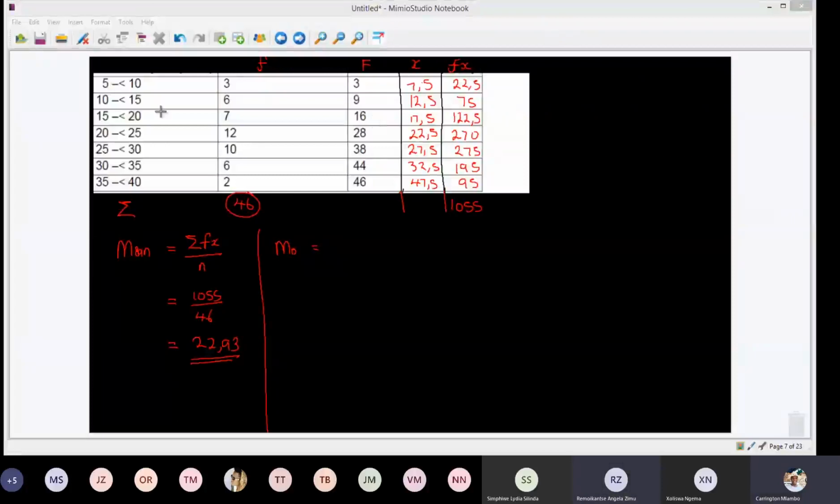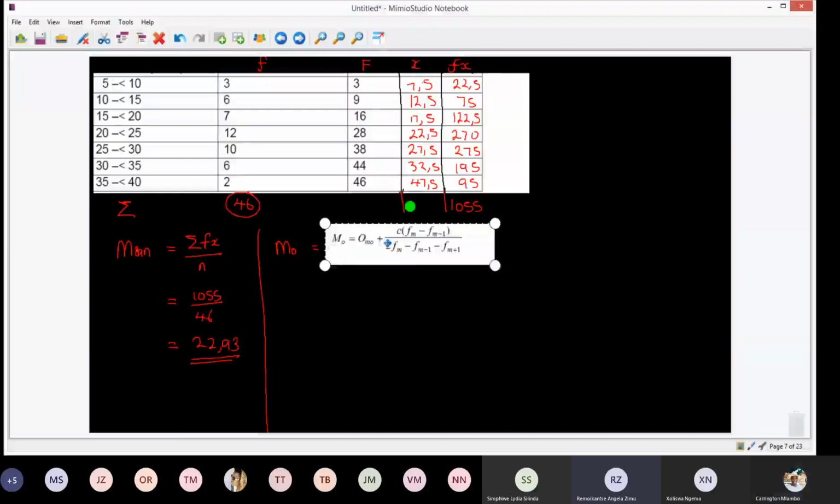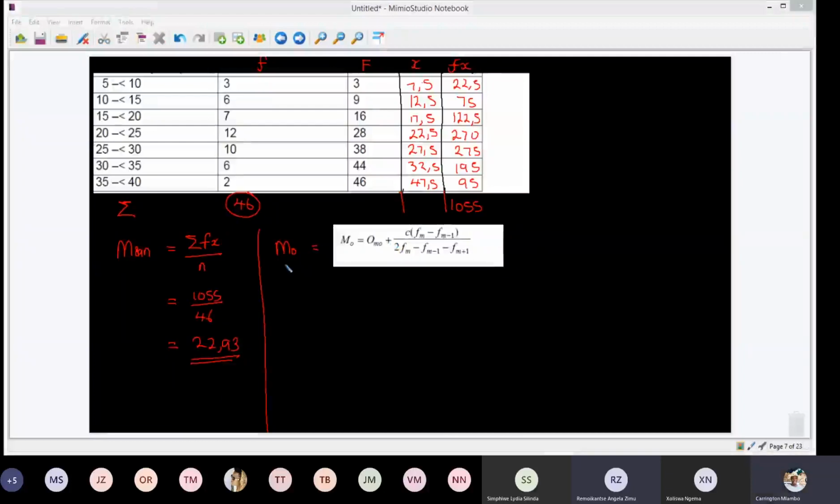Mode is going to be equal to 20 plus... Where did you get 20 from? You first find the position. The highest frequency, you got it at 12, so your limit is 20 to 25.